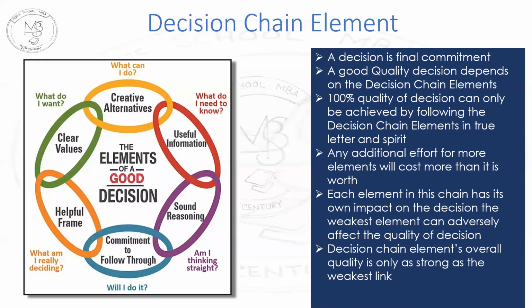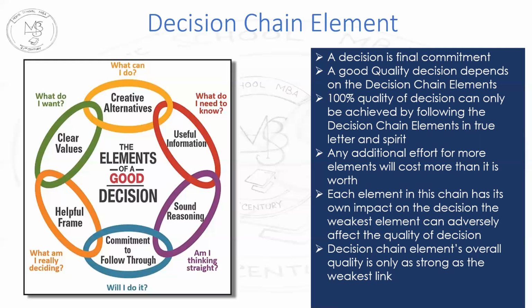Then you say, what can I do? That means creative alternatives. How do we achieve creative alternatives? This is through, let's say, discussions, debates, even following the MBO techniques and getting scientific information, which you call useful information.